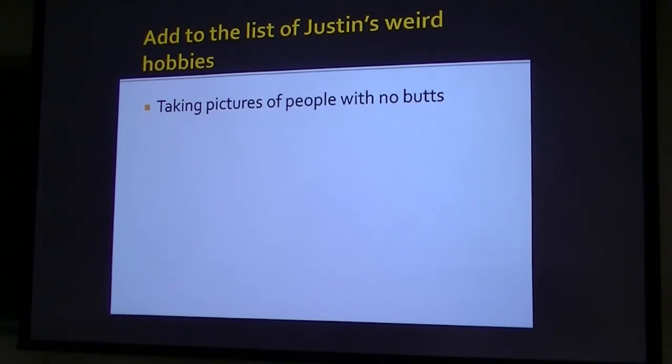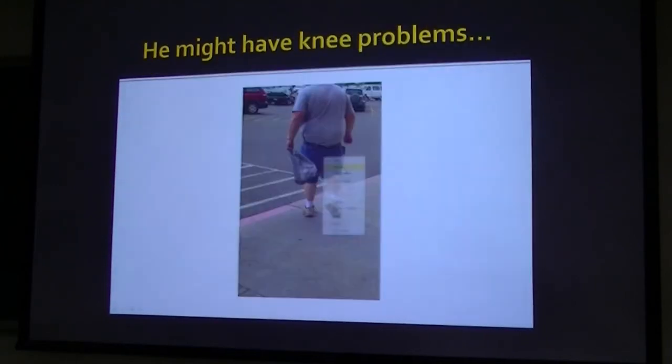So obviously that's one of my hobbies. I mean, if I was walking out of Walmart and I saw a guy and he was big, like that big, and he had no butt, I mean, just one more time. How does that happen? I thought that was his front. Yeah, but it's not. See, right there is where the ass is supposed to be.